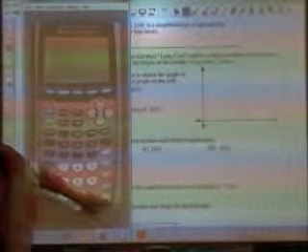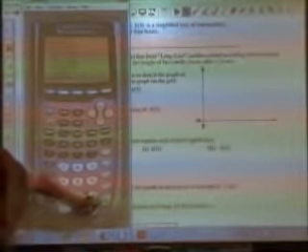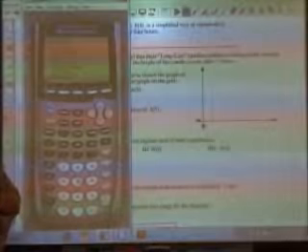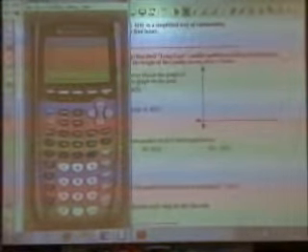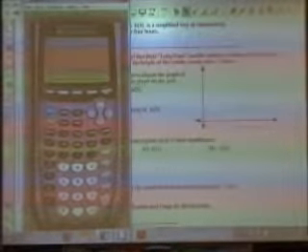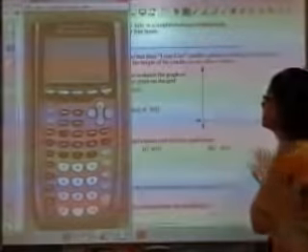So I could adjust my window settings. I could go from 0 to 10 for x. That will be fine. My y's, I could go from 0 to 15 and see what that does. And now I have a graph where I see both intercepts. So that's the graph that I could sketch.